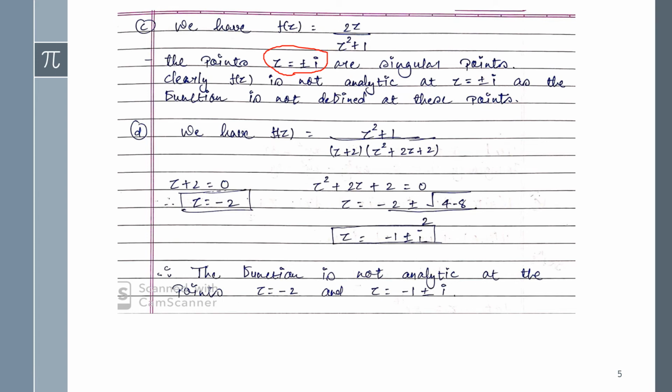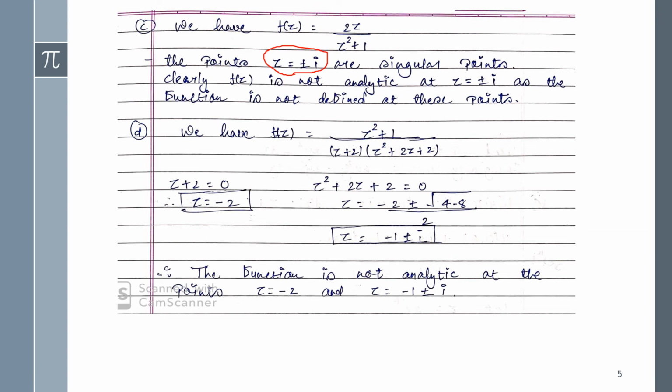At this point the function is not analytic, and at the rest of the points it will be analytic, right? So here we have two values of z, that is plus and minus i, at those two numbers it is not analytic, and at the rest of the numbers it will be analytic.